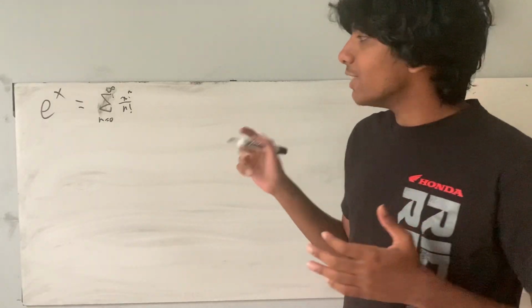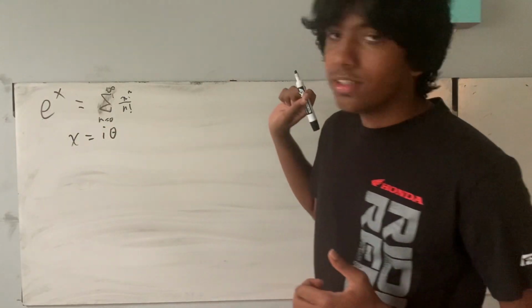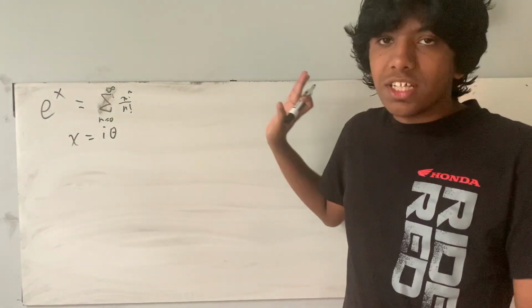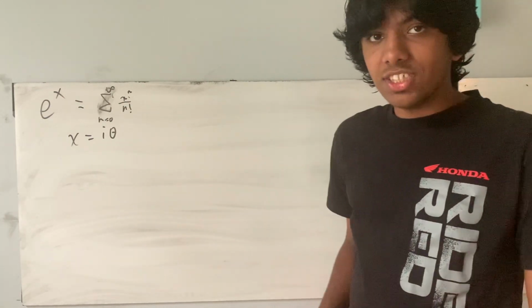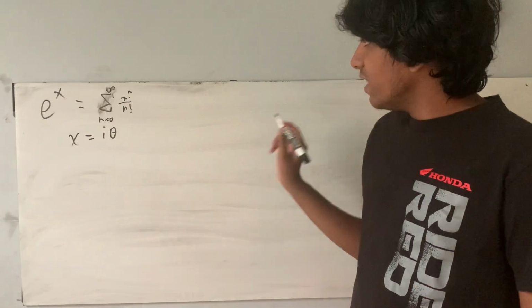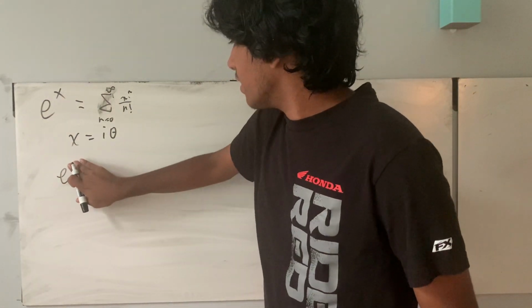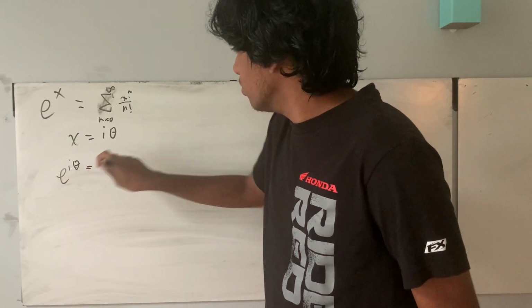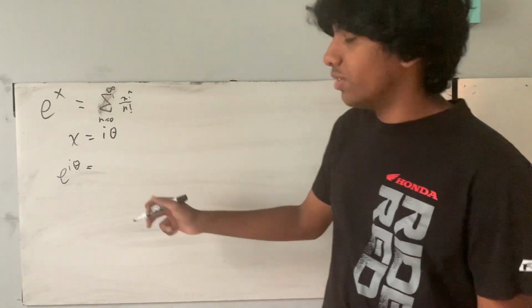Let's let x equal a new variable, i theta. And you'll see why theta, but for now, just think of it as another dummy variable, right? And i is your imaginary constant. So let's expand this Taylor series. So e to the i theta will be equal to, okay, so first off we have n equals 0, so that starts as 1.